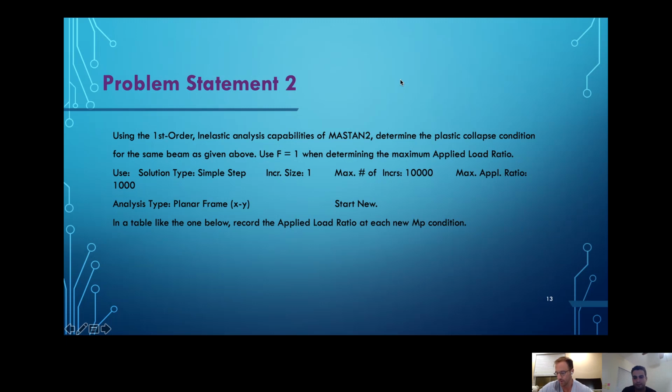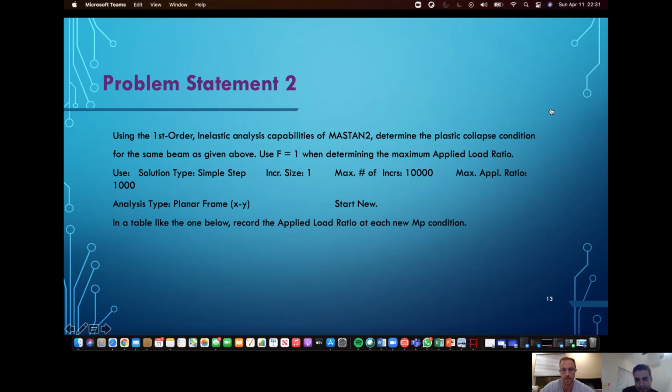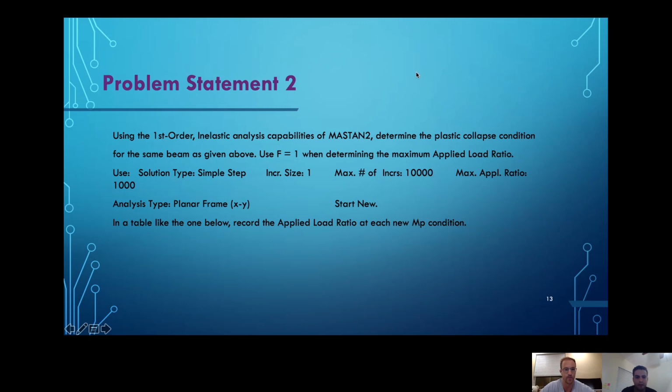So for the second part of this problem, we were to use a first order inelastic analysis in Mastan 2 to determine the plastic collapse condition for the same beam that we had before. We used just F equals 1, so our initial beam was the same that we had originally built in Mastan to do part 1. Simple step solution type, increment size of 1, a maximum number of increments of 10,000, and maximum ratio of 1,000.